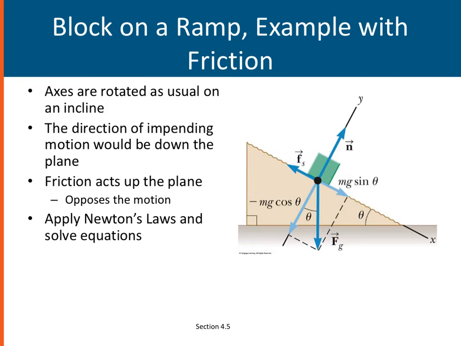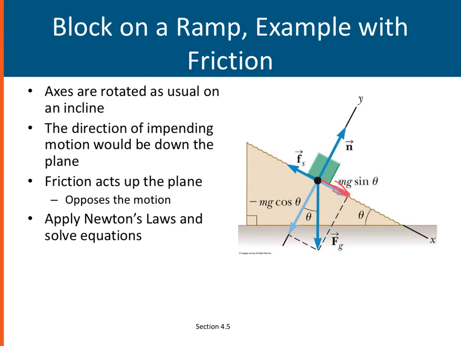When dealing with objects that are on an inclined plane, we typically want to adjust our x and y axes and rotate them such that the x-axis is parallel with the inclined plane. And we see that our object has a gravitational force that is directed towards the center of the Earth, so we have a component of the gravitational force along our x-axis.